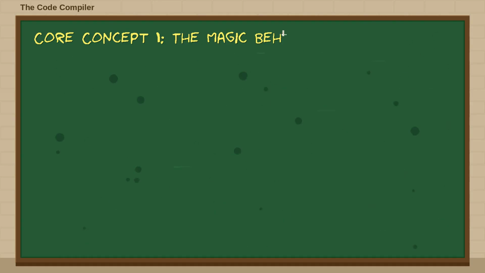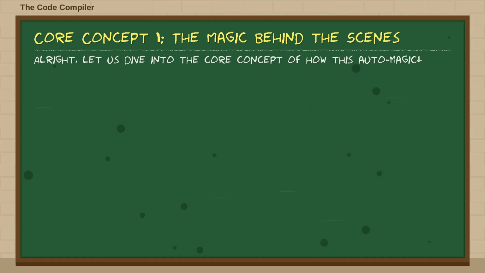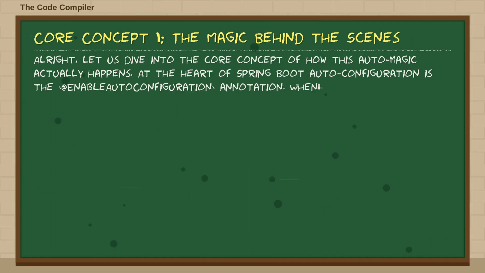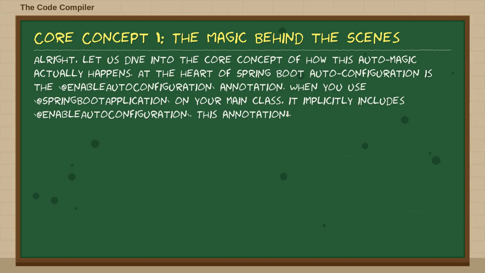Alright, let us dive into the core concept of how this auto magic actually happens. At the heart of Spring Boot auto configuration is the @EnableAutoConfiguration annotation. When you use @SpringBootApplication on your main class, it implicitly includes @EnableAutoConfiguration.